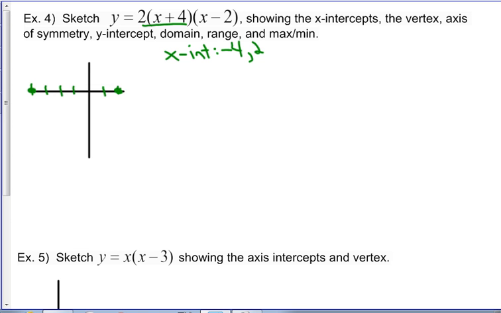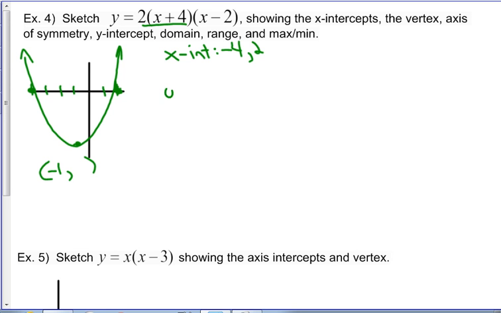Now, the vertex is halfway between them. It's going to be at negative 1. And this opens upward. Okay. We want to show the vertex. So that's going to be at negative 1 something. That's halfway between negative 4 and 2. Or if you weren't sure, you could go the average of negative 4 and 2. Add them up and divide by 2.